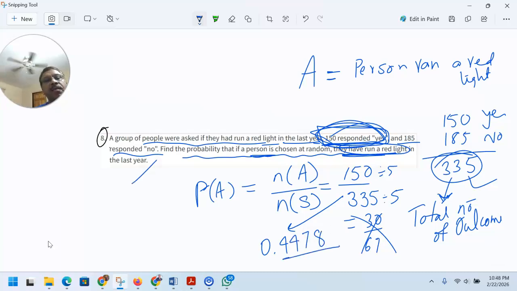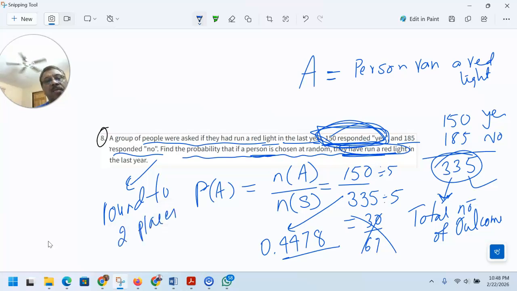Sometimes they give you an option here to round to two decimal places. Then you want only the tenths place and hundredths place. You can write 0. Because it's a 7, we can round up, increasing this 4 by 1, so it becomes 0.45.